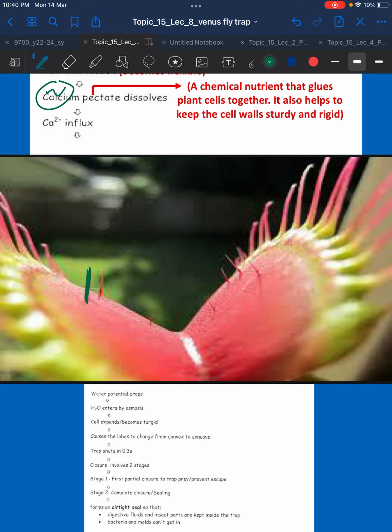It can be deflected by maybe dust, or by maybe rainfall, rain droplets, which is less important. So if the first hair is deflected, it will not close because this can happen especially due to dust, due to rain droplets, and that's why it requires the second hair to be deflected.